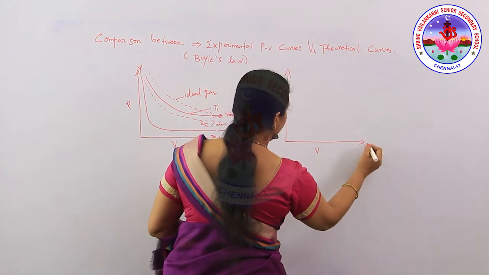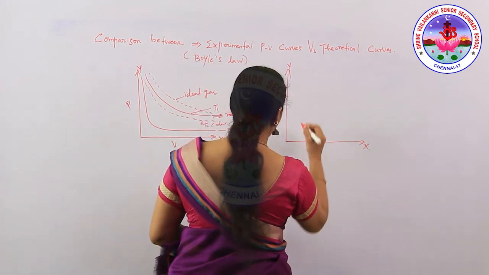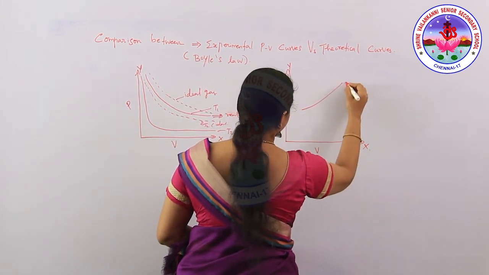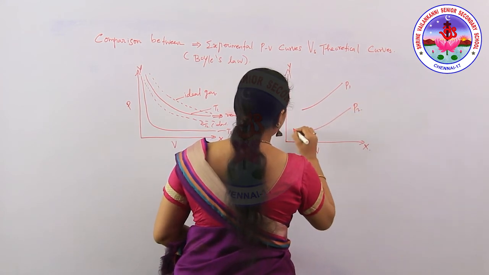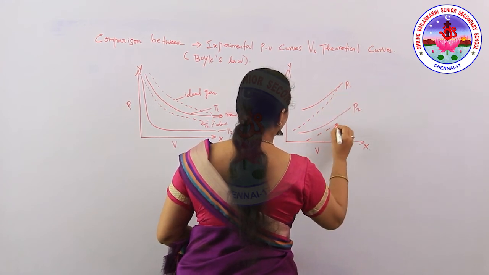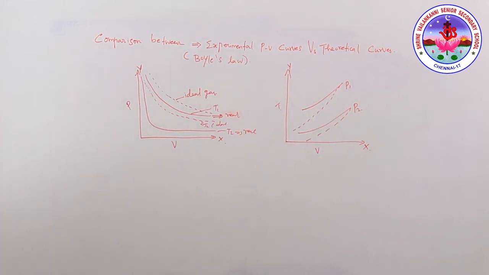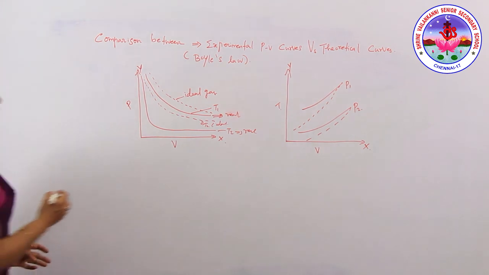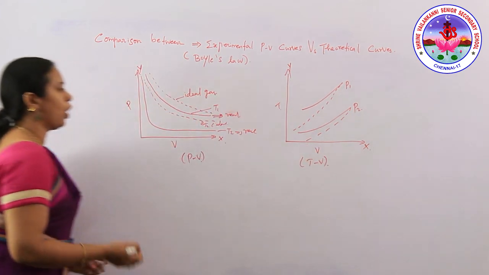If the temperature is on the y-axis and the volume on the x-axis, the real curve for pressure P1 and P2 may be this way, but how Boyle's law varies for the ideal equation: the dotted line you can consider for the ideal equation, children. So we are comparing the experimental and theoretical curves for PV and TV. This is the PV curve and this one is the temperature-volume curve.